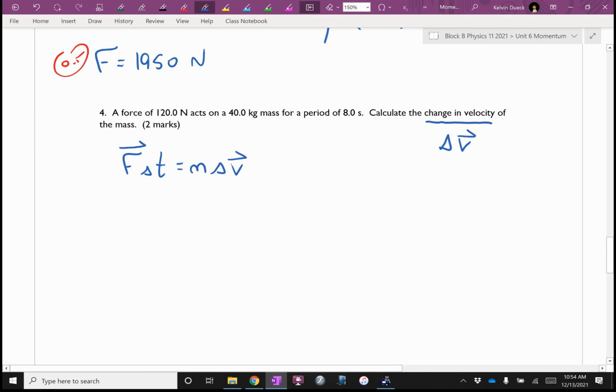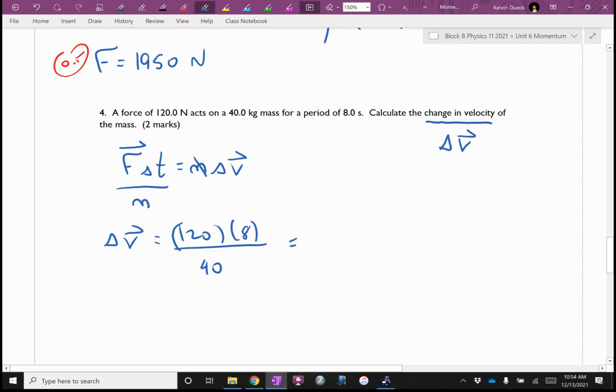How will I get the delta V by itself? How will I move the M over? I guess delta V is going to be F, 120, times T, 8, divided by 40.